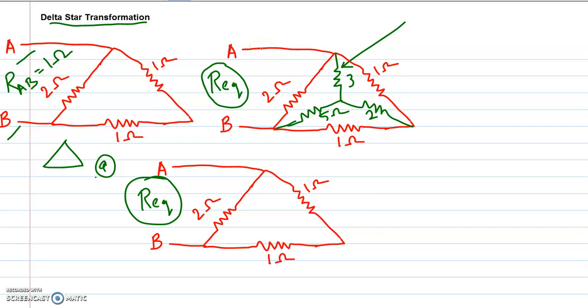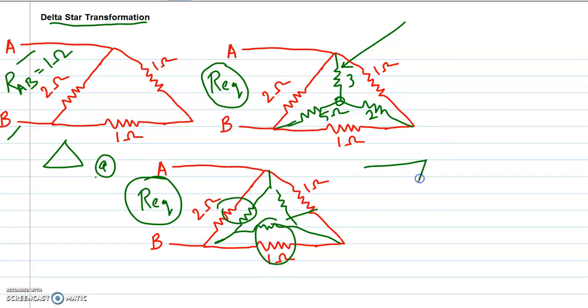So what we are trying to do is convert this particular star network to a delta network like this, and then these two are in parallel, these two are in parallel, and these two are in parallel.